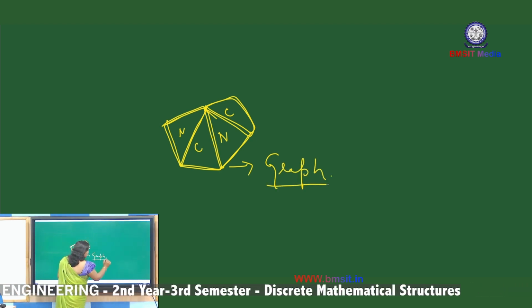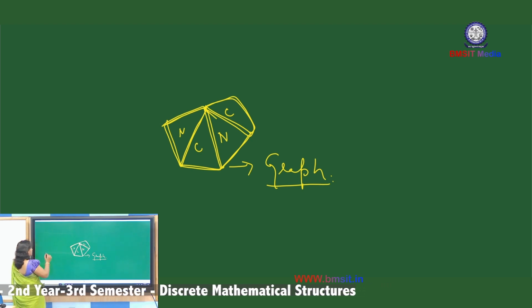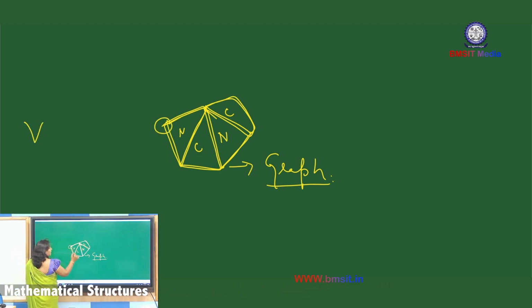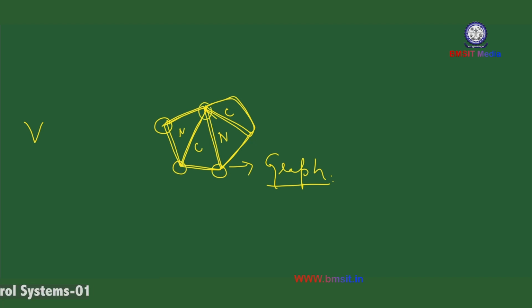In graph theory, first we have vertices. All the point nodes I can call vertices.